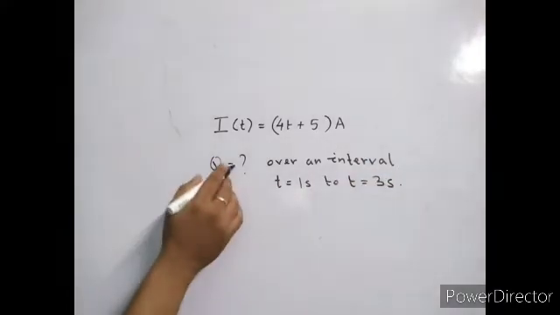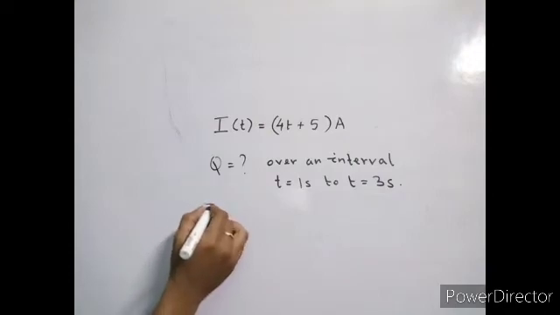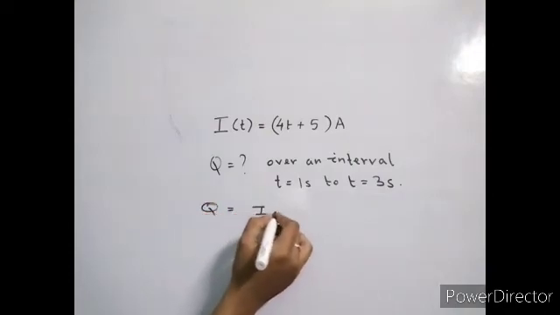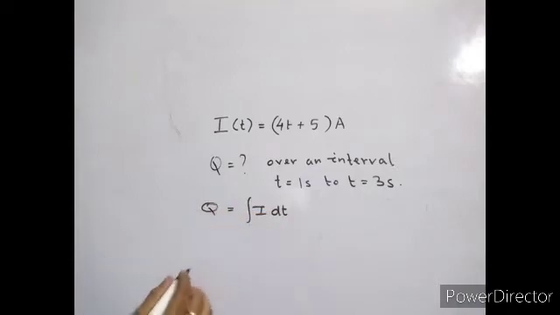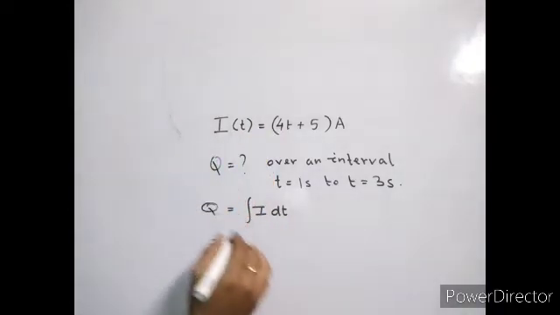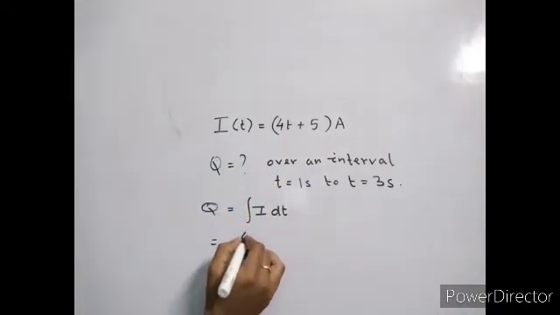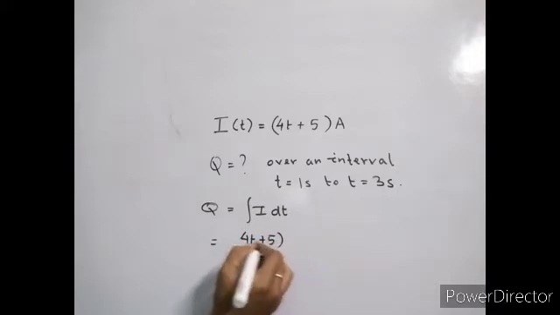Okay, now in order to calculate this value of charge, we integrate I over dt within the given limits, the limits being from 1 to 3.